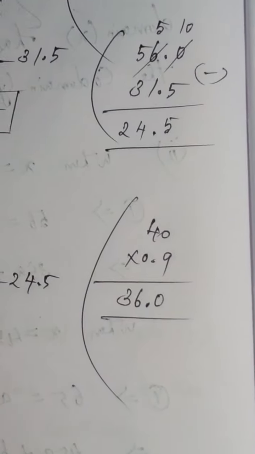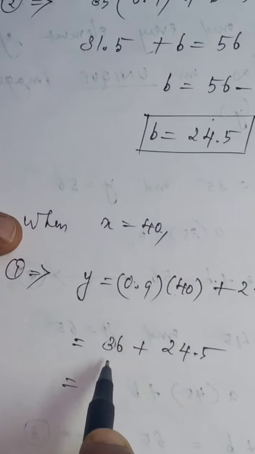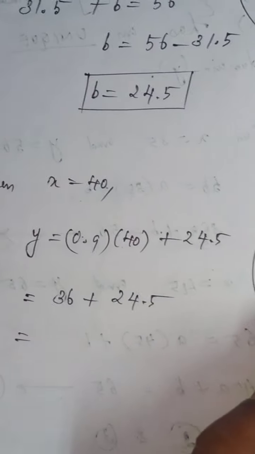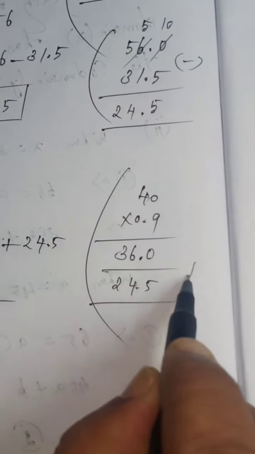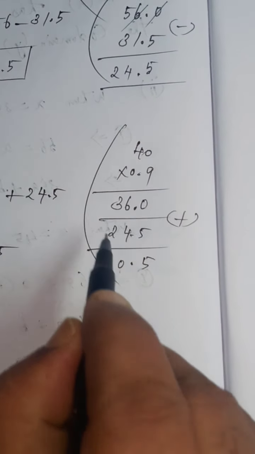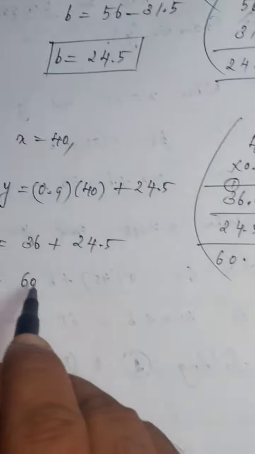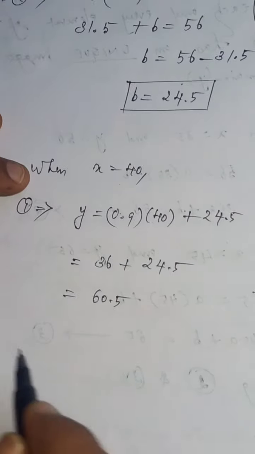What is the answer? 36 plus 24.5. Add together 36 and 24.5. 5, 6 plus 4, 10, carry 1, 1 plus 3, 4, plus 2, 6. 60.5. So I have to write the result.